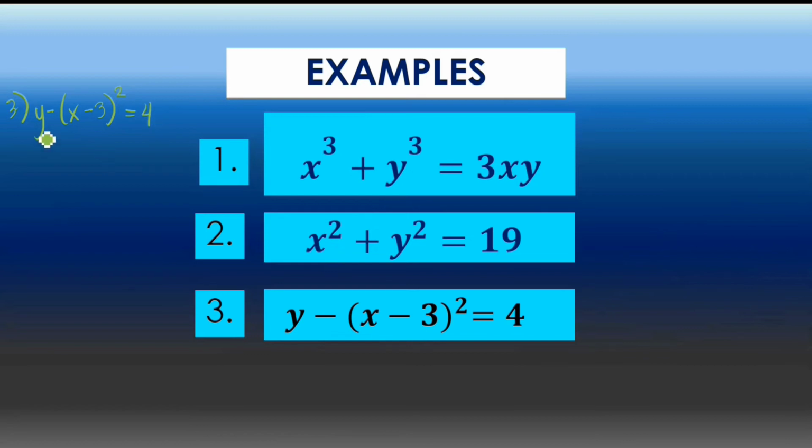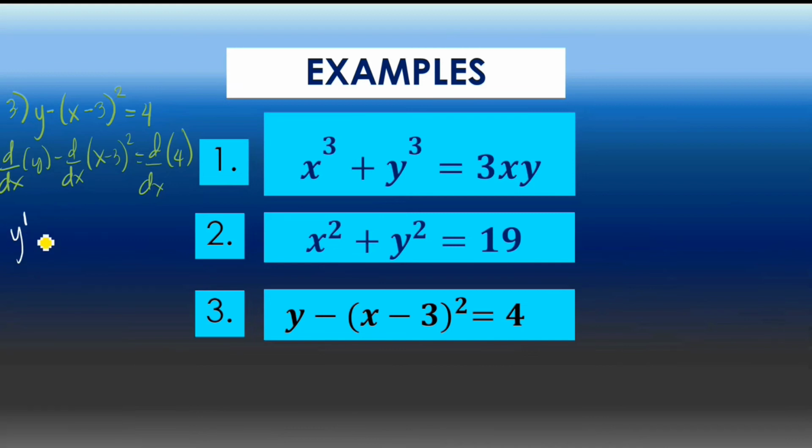So we need to differentiate again each term that we can see. So derivative of y minus derivative of x minus 3 raised to 2 equals to derivative of 4. Okay? So derivative of y with respect to x, it is what? It is y prime.